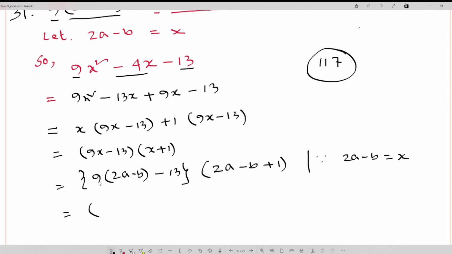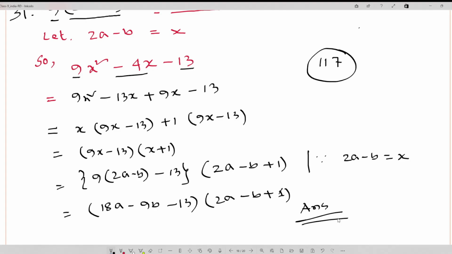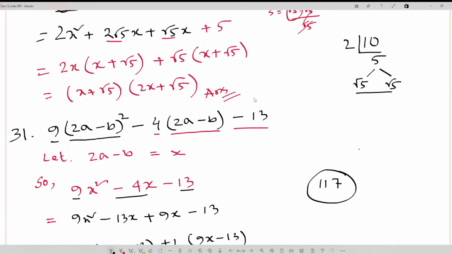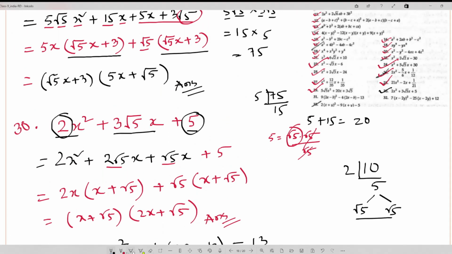So here is 9 times 2, it's 18a minus 9b minus 13, and here 2a minus b plus 1. This is our answer. Okay, so number 31 done.